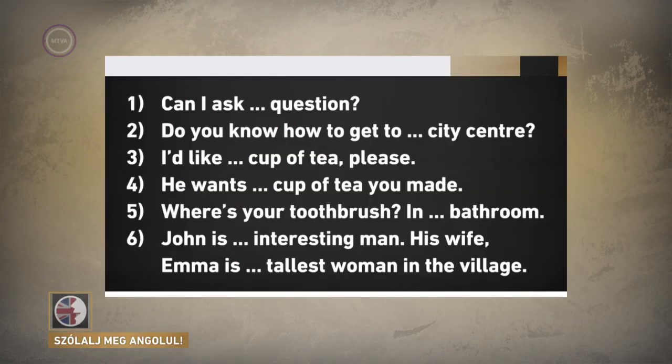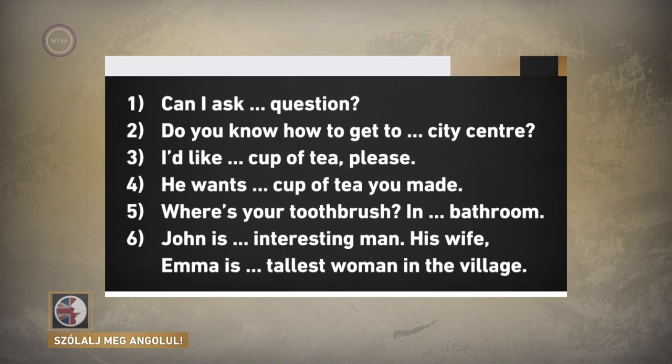Okay, so now let's see if we can complete the sentences correctly using either the definite or indefinite articles. Number 1, can I ask question? Number 2, do you know how to get to city centre? Number 3, I'd like cup of tea, please.